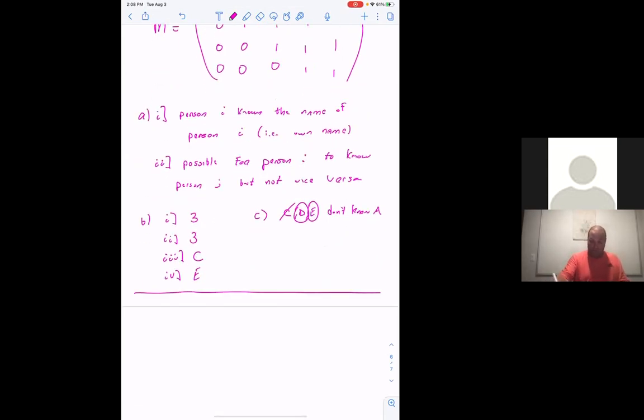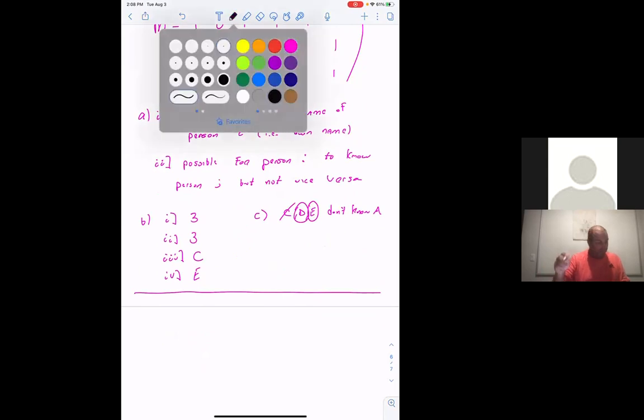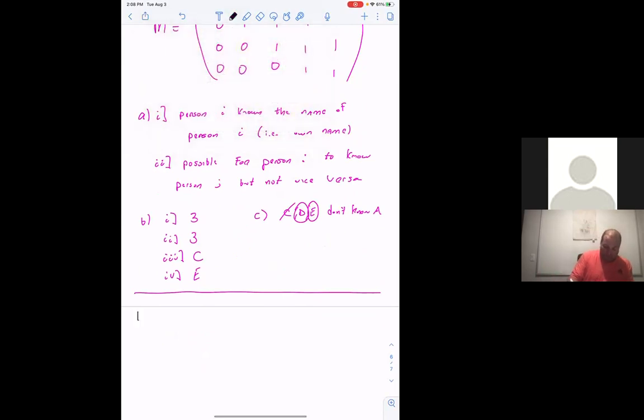So let's do this in black. Let M be the adjacency matrix of a graph.